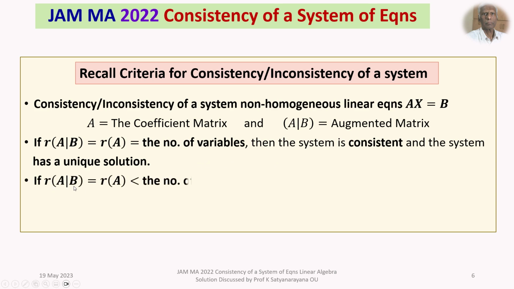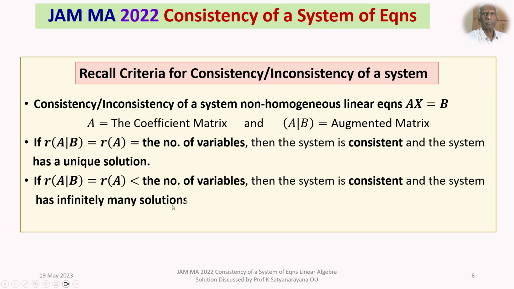If rank of AB is equal to rank of A, which is less than the number of variables, then the system is consistent and has infinitely many solutions.